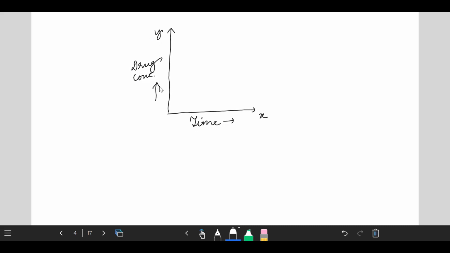We will get this kind of curve. This curve is known as the AUC curve, also known as area under curve, and this area is the area under curve.